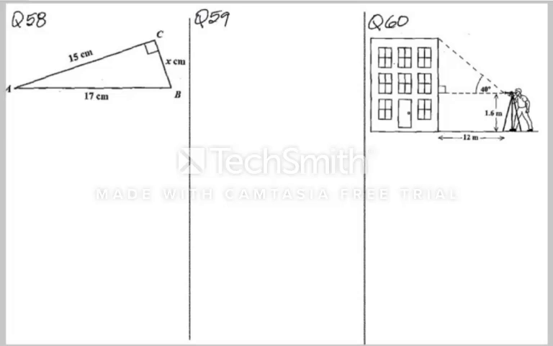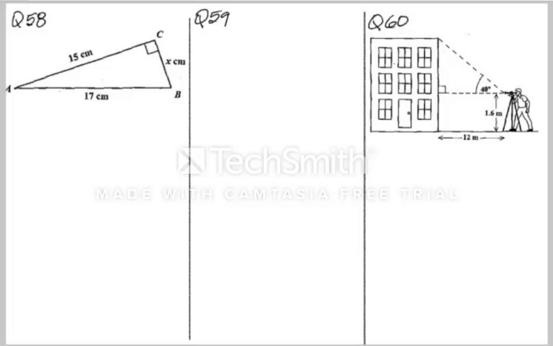Next, question 58. It says in triangle ABC not drawn to scale, AB is 17, AC is 15, BC is X. The value of X in centimeters is. All right. To answer this, we need to use Pythagoras theorem.